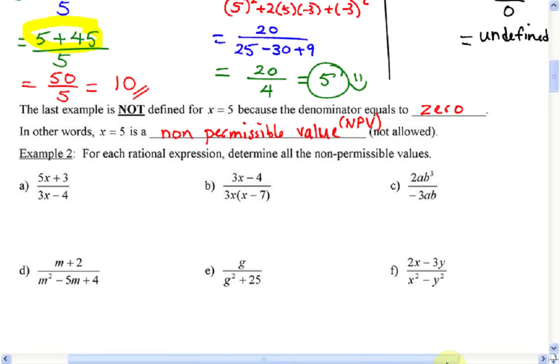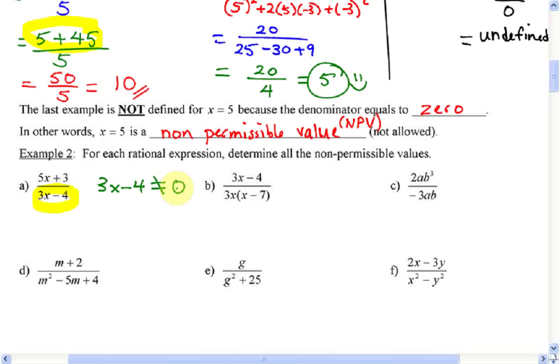Denominator. Good. Let's look at the denominators. That's 3x minus 4. What's the idea here? The denominator can't equal what number? 0. Good. So I'm going to ask you to write down the can't-equal sign, 0. So 3x minus 4 cannot equal 0 because it won't work. Now, I want you to solve for x. Just like regular algebra, how would I solve for x?